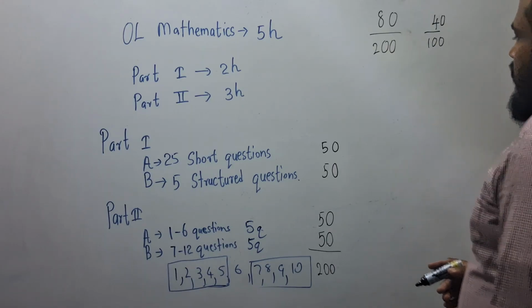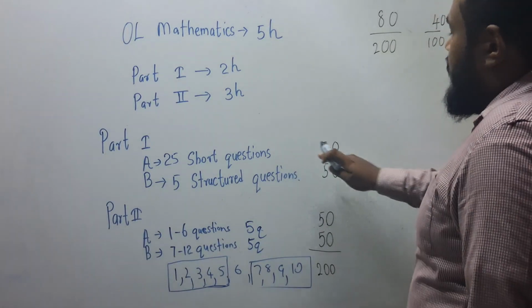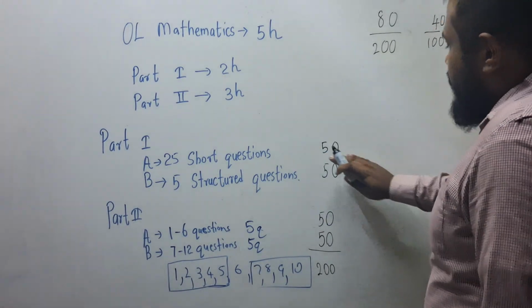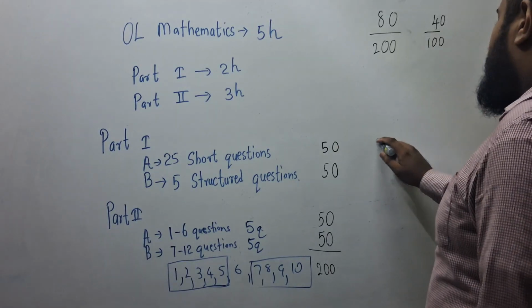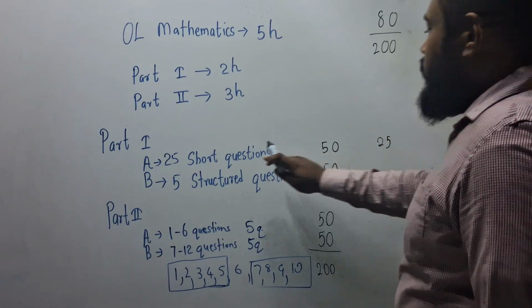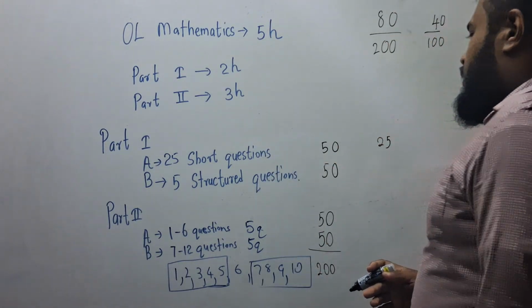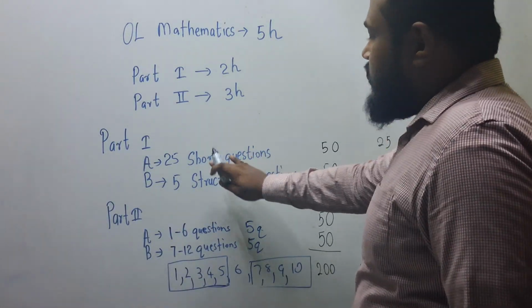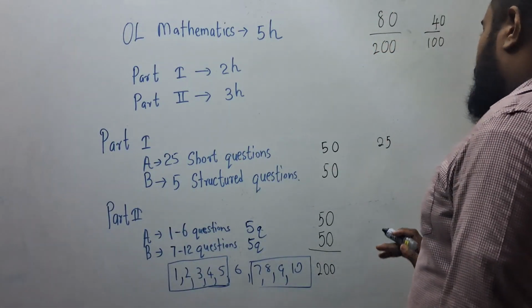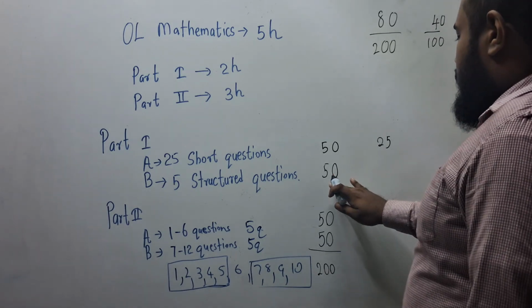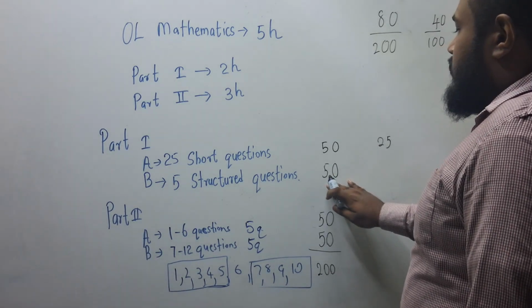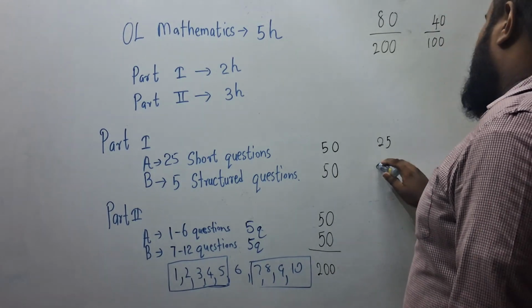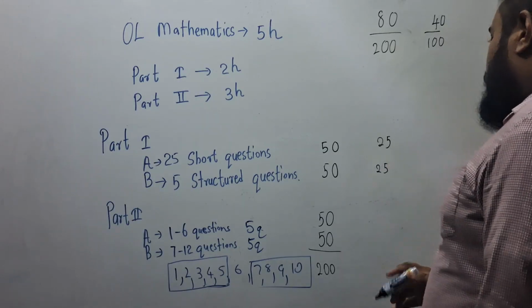So if they are providing 50 marks, the actual mark you can get is 25 for these 25 short questions. It's like 1 mark for each short question. Though they allocate 50 marks, it's actually not 50, it's 25 marks out of 100.